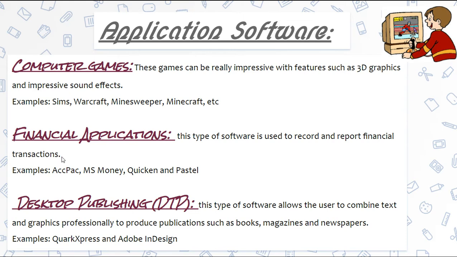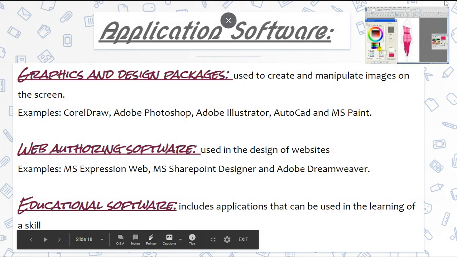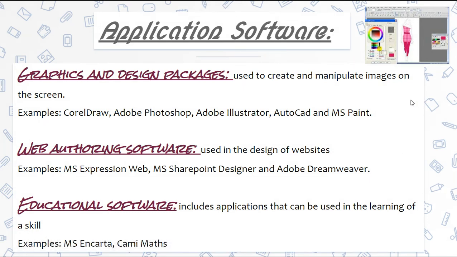There's also desktop publishing. The software allows the user to combine text and graphics professionally to design publications such as books, magazines, and newspapers. They are using programs like Quark Express and Adobe InDesign. Graphic and design programs used to create and manipulate images on the screen. Examples, CorelDRAW, Adobe Photoshop, Adobe Illustrator, AutoCAD, and Paint.